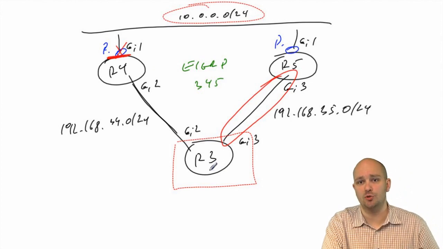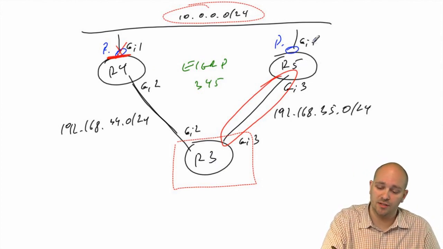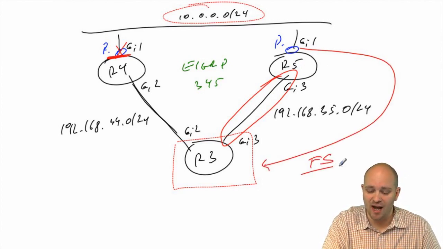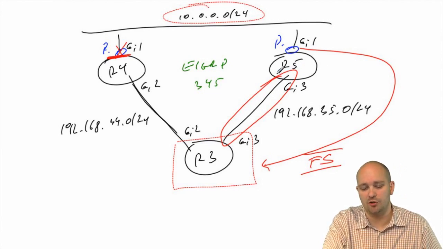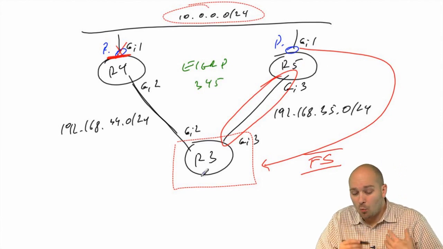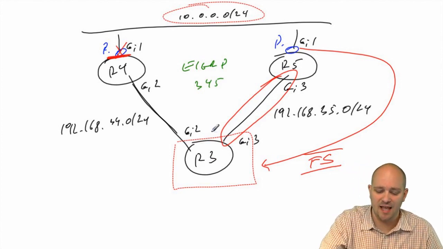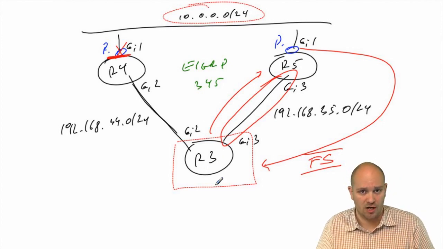What I'm expecting to see here, because R5's route, this one that we received here, is a feasible successor, is that I don't expect to see any additional communication between R3 and R5. By additional communication, I mean I don't expect to see router 3 going active on this route towards R5.